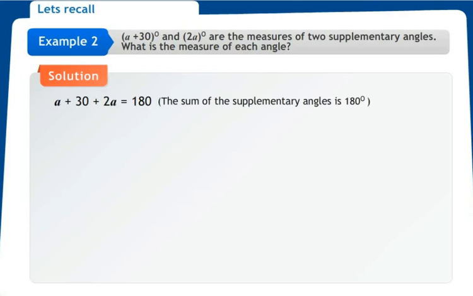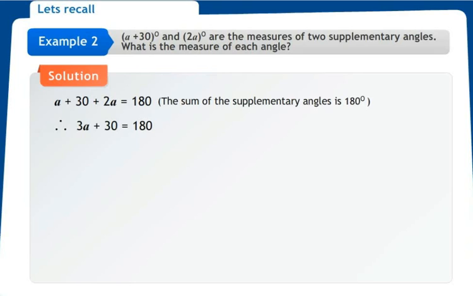Now when you see the equation, you take all the a's together and all the numbers together. a plus 2a is equal to 3a, plus 30 is equal to 180. We only need a, but there is 3a plus 30, so we subtract 30 from the left hand side.